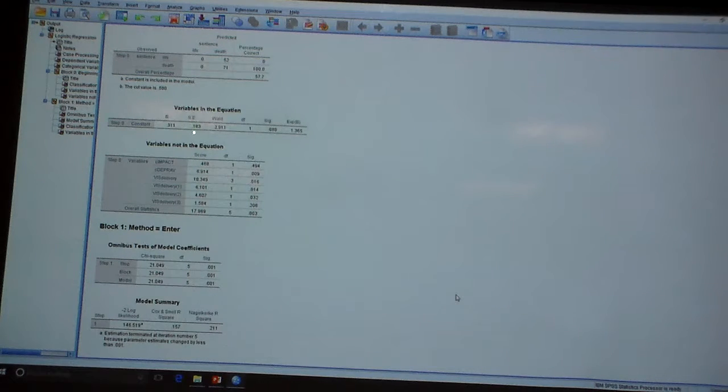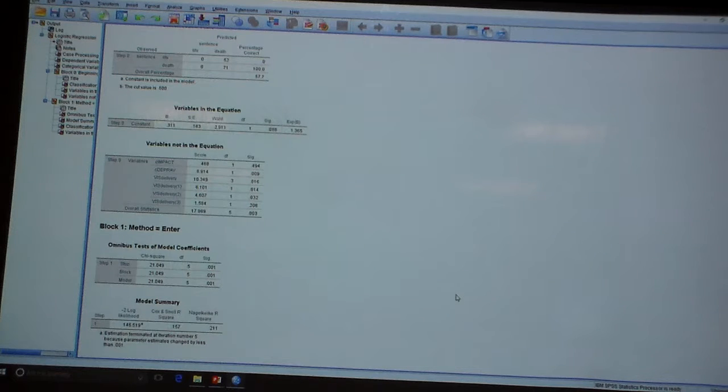If I take the coefficient divided by the standard error and square it, I get my Wald statistic. I get my statistical significance, and then my exponent here, right? But for my constant-only model, I'm not getting a statistically reliable effect.